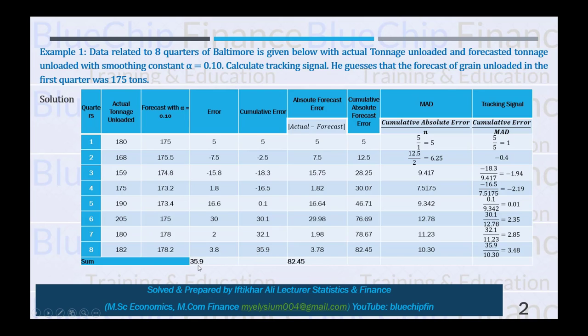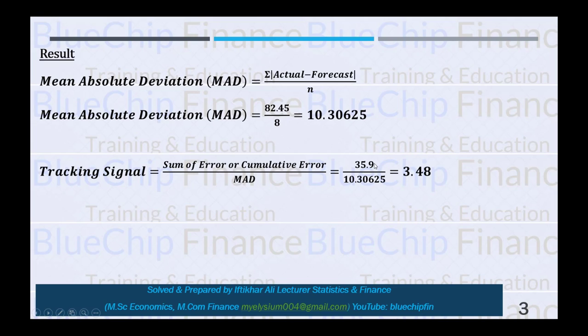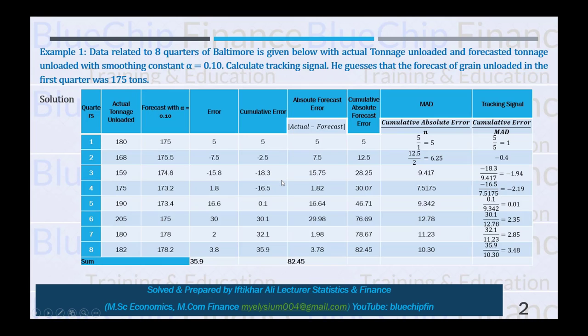So it is the sum of error, or last value of cumulative error, divided by the mean absolute deviation, 10.30625, which equals 3.48. That is your tracking signal. There is a deviation of 3.48 plus between actual values and forecasted values at smoothing constant alpha equals 0.10.